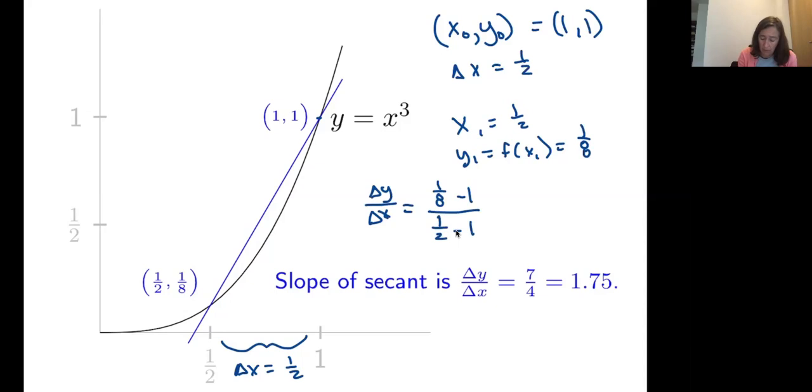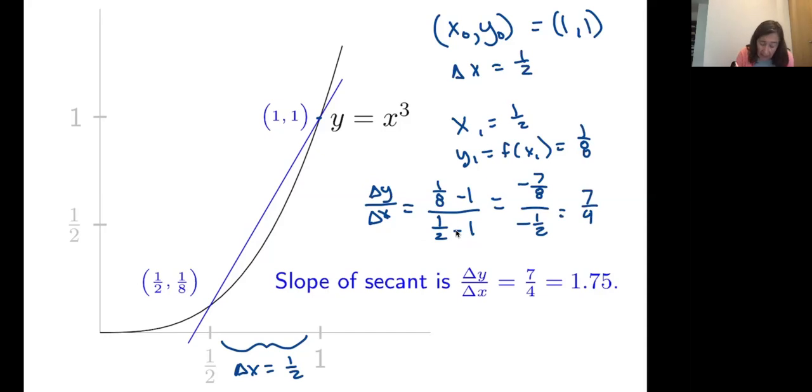So just like before, I've got y1 minus y0, it's delta y, divided by x1 minus x0. And of course, I could switch it. I just change signs in both the numerator and the denominator, and everything would work out the same. Just like I did before, figuring out what that is, we get -7/8 over -1/2. That turns out to be +7/4. So doing rise over run for this function gives me a slope of 7/4.